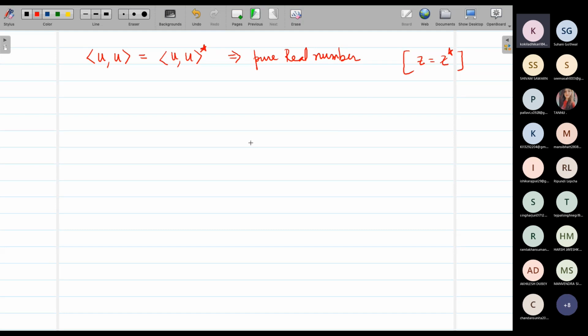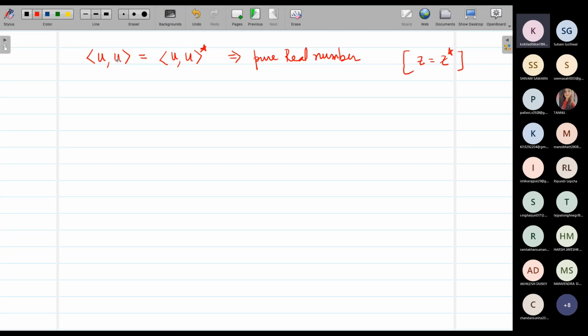Now, I want to think about u comma u as some sort of a length or magnitude or norm. If I want to think of the multiplication of a vector with itself as a magnitude or length, it has to be a real number. It cannot be a complex number, right?